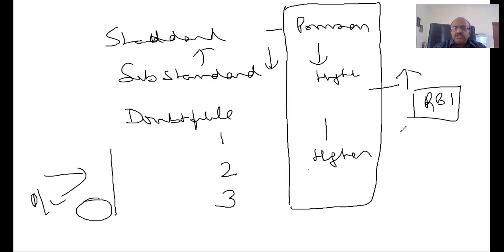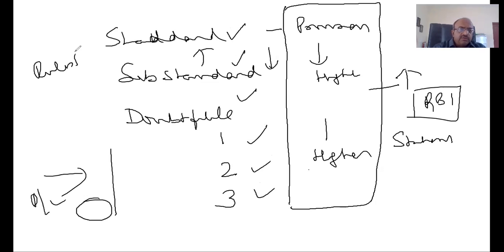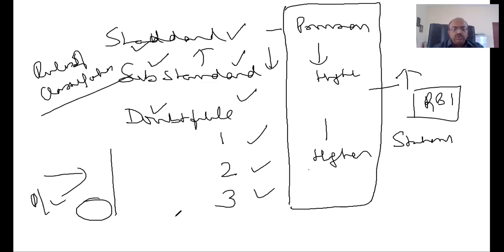Therefore, when we go for a statutory audit of banks, one of the important things for us is to identify whether these accounts are categorized correctly under the different rules of classification. These are the rules of classification based on which a loan is taken as standard, substandard, doubtful, or under doubtful 1, 2, 3.